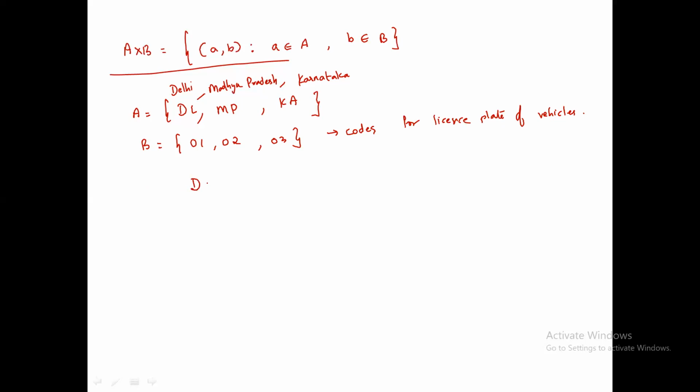First, you will write the state and then the number. Like this, you have to make a code for a license plate. So how many ways are possible? For that, you have to take A cross B.